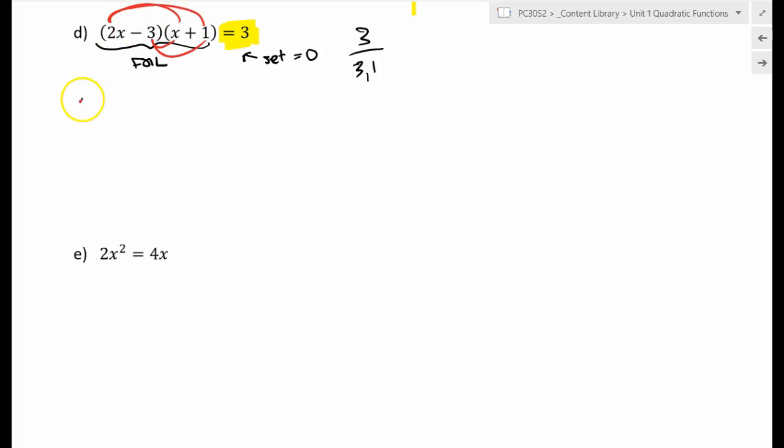And I'm going to get 2x squared plus 2x minus 3x is minus x. Minus 3 equals 3. But then I have to move that 3 onto the other side so that this side will be 0. And I'm left with 2x squared minus x minus 6 equals 0. Now I can use my 0 property.